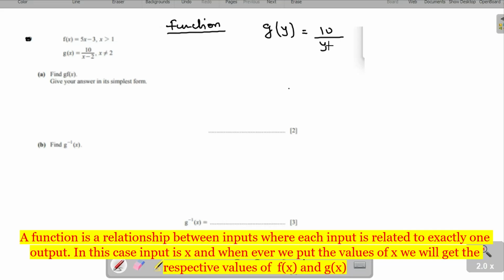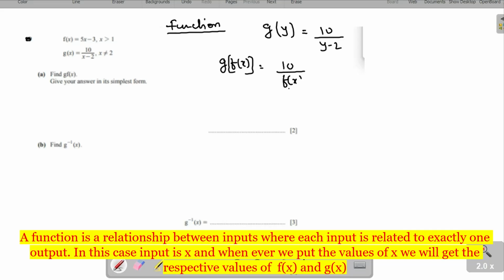When they ask for the composite function g of f of x, instead of x we have f of x. We just have to substitute: instead of x we put f of x minus 2.